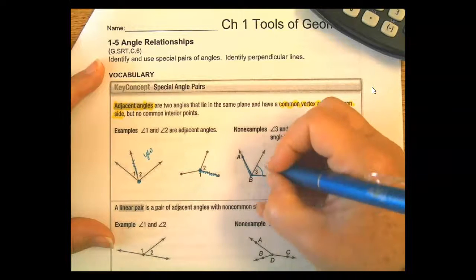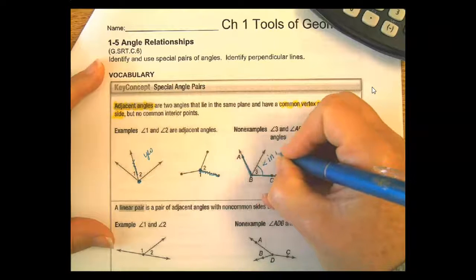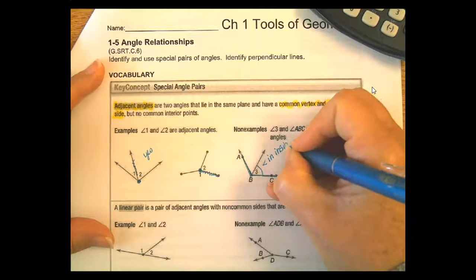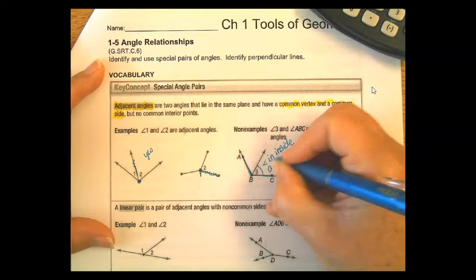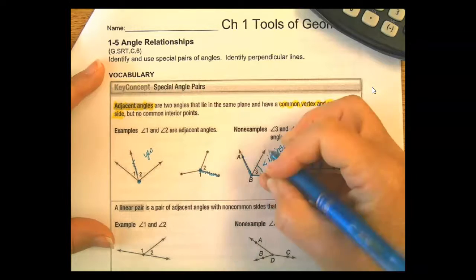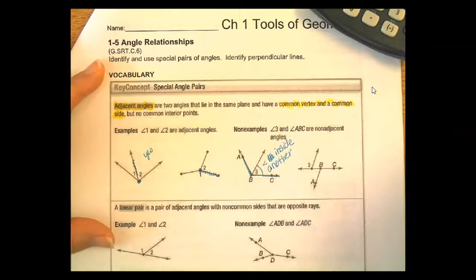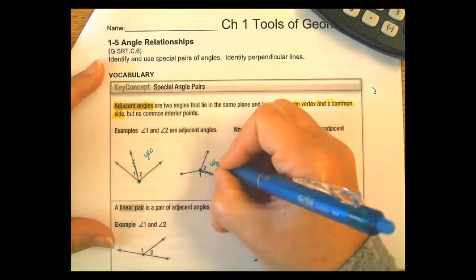So this is a no because they have an angle inside another. Angle inside another is a no-no. So this is a big no-no. Let's go back and say yes.